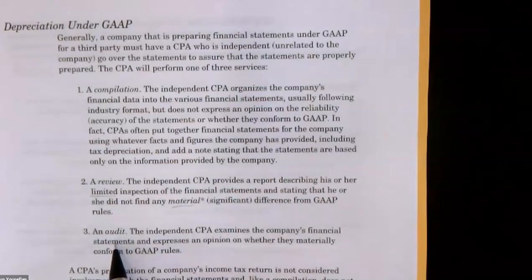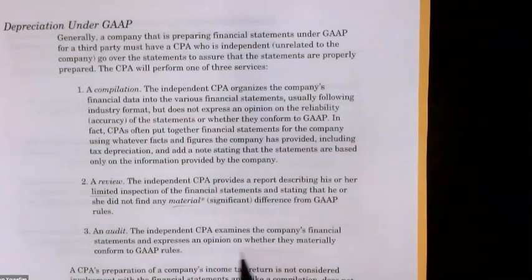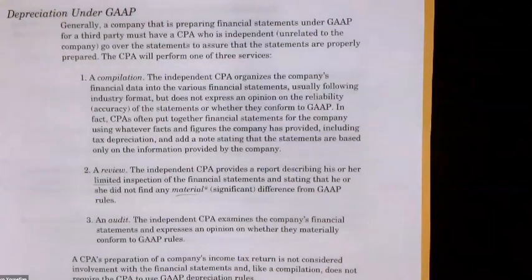However, the audit is the strongest one. The independent CPA examines the company's financial statements and expresses an opinion on whether the data materially conforms with the GAAP rules and the materials are reliable, because the CPA went through the data and journal entries and examined those journal entries, not all of them, but to some degree, as a form of samples, and then he provides an audit.